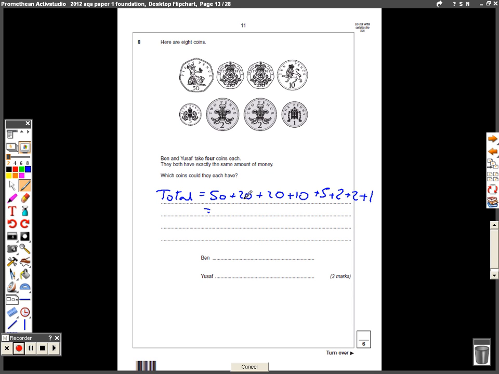50, 60, 70, 80, 90, £1, £1 5, £1 7, £1 9, £2. So the total is £2. So each of them must have £2 divided by 2, which is £1.